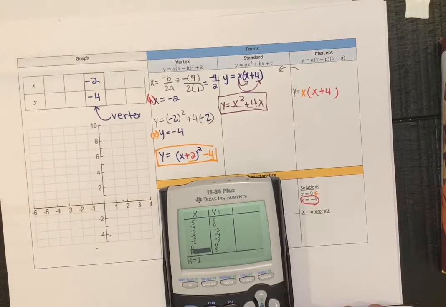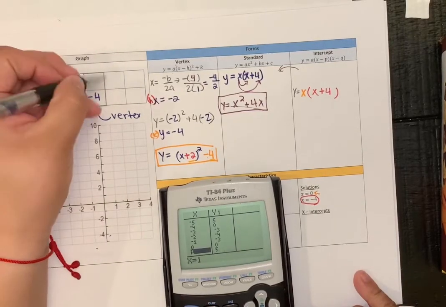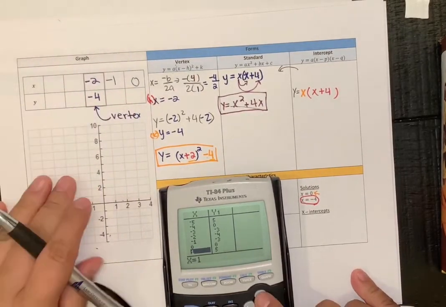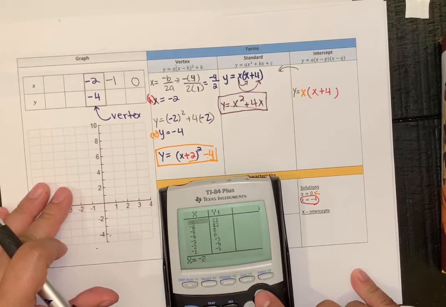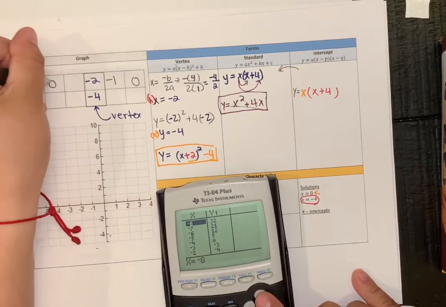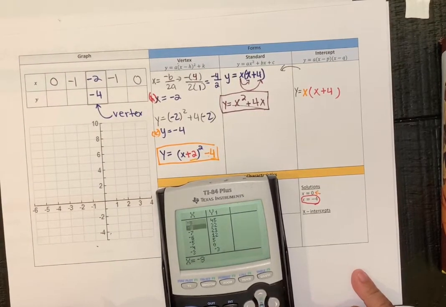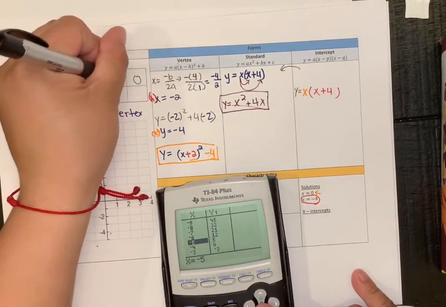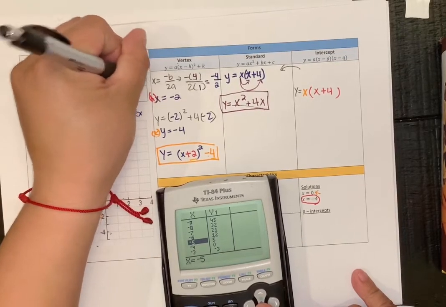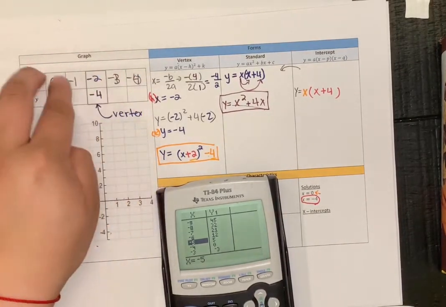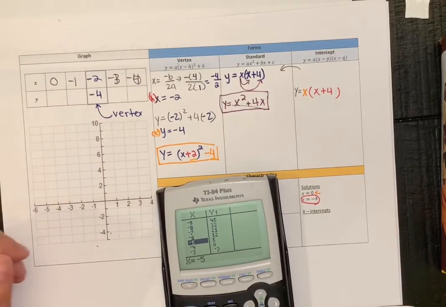I know that my numbers that follow would be negative 1 and 0. Or I guess it could be 0, negative 1 if we would follow the pattern of the other one. And then this would be negative 3. And this would be negative 4. It really doesn't matter where you put the 2, because it's going to be the same.